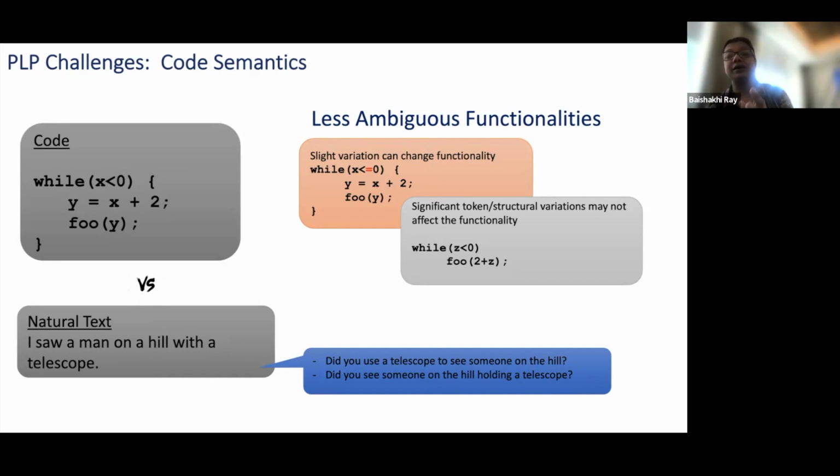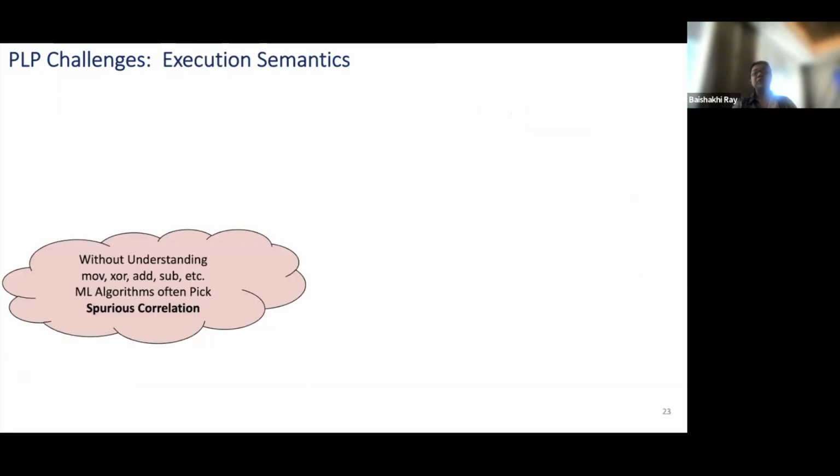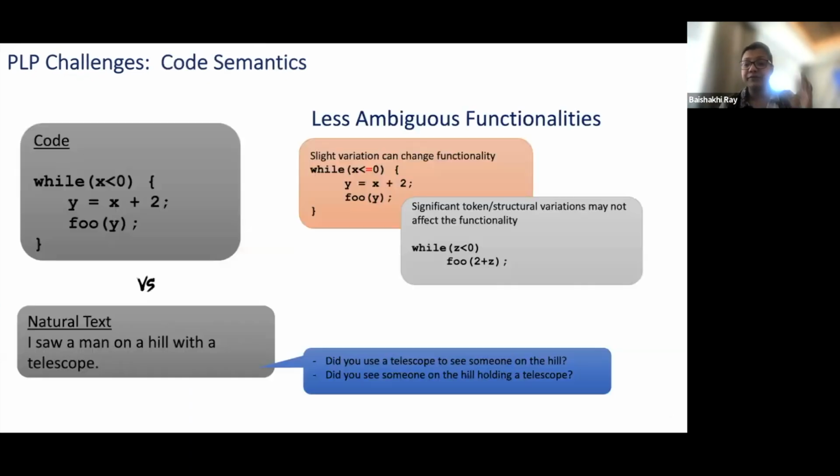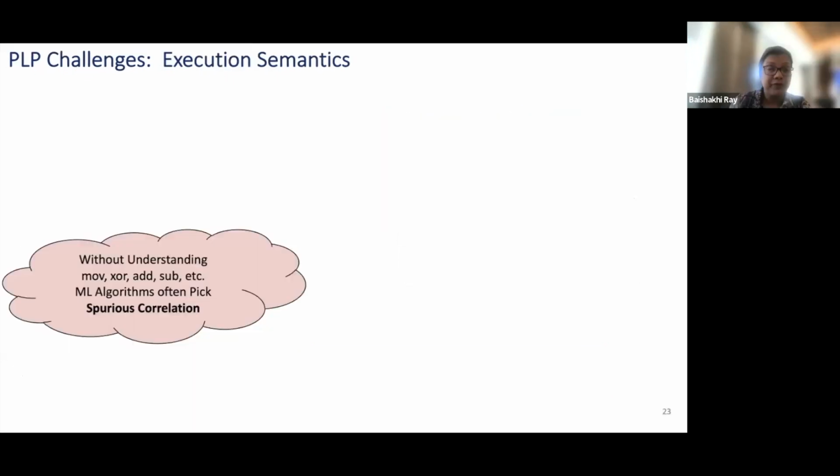Similarly, we can change the code from while x less than 0 to while z less than 0, as I showed here. Though the structure changed, the code is semantically the same. So without understanding this kind of deeper semantics, it becomes very difficult to reason about programs.